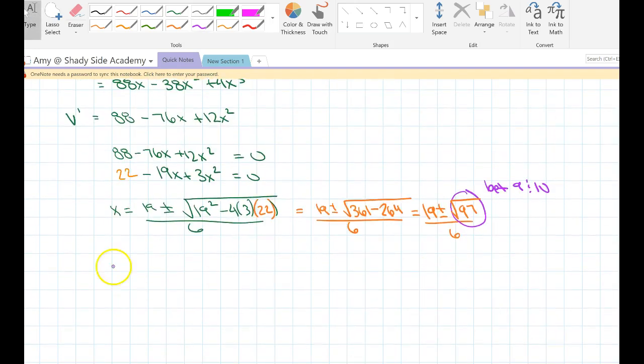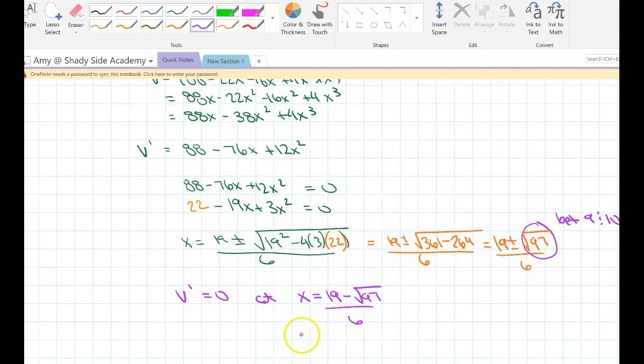So the only critical point is this. V prime equals 0 at x equals 19 minus root 97 over 6, right? Now we can't stop. We have to show what happens at this one critical point.